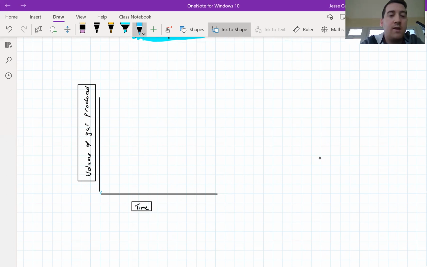As you can see, the volume of gas being produced is going up, but the graph is not really steep. It goes up and starts to slow down and eventually it levels off and stops changing. So there is our reaction rate for the lower temperature. This is the blue line.